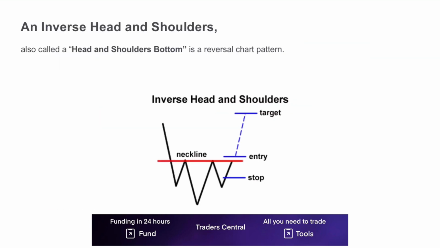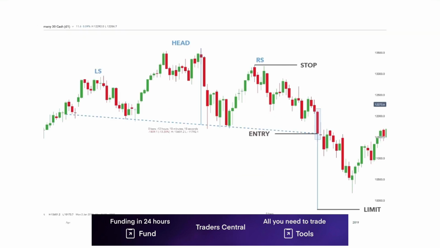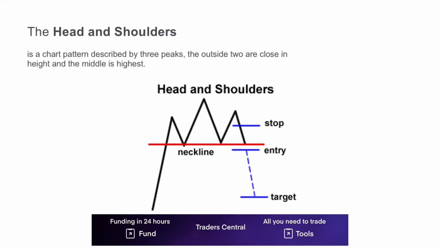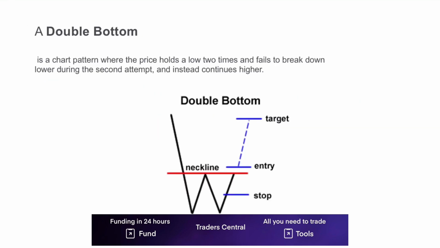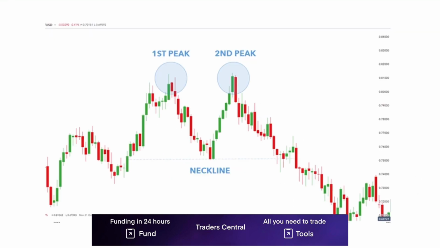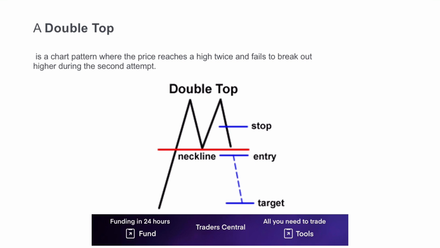Then we have the inverse head and shoulders, which is a reversal chart pattern. Then the head and shoulders, which is also a reversal pattern, which represents the market to go to the downside. Then you have the double bottom, which represents reversal to the upper side, which you call the W. Then from there we have the double top, which represents the market to come to the downside. This is also a reversal chart pattern.